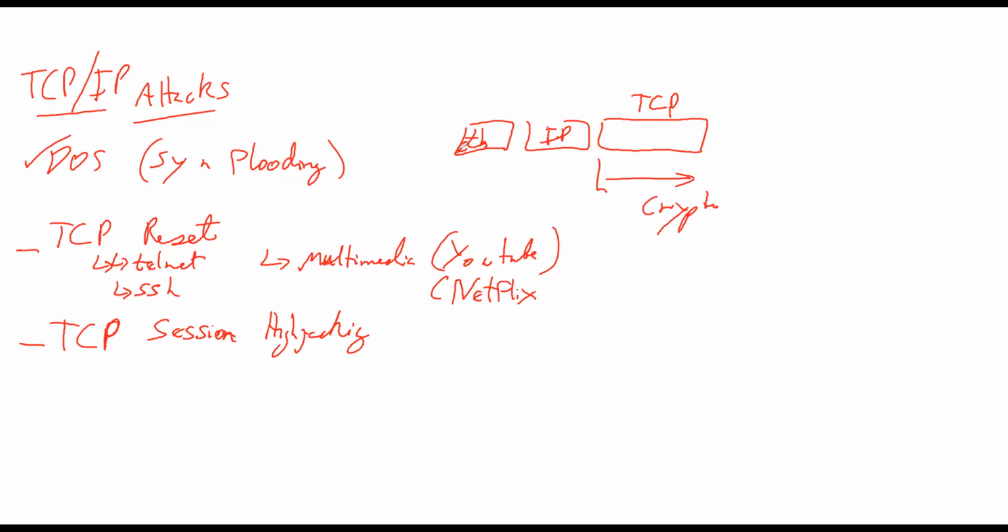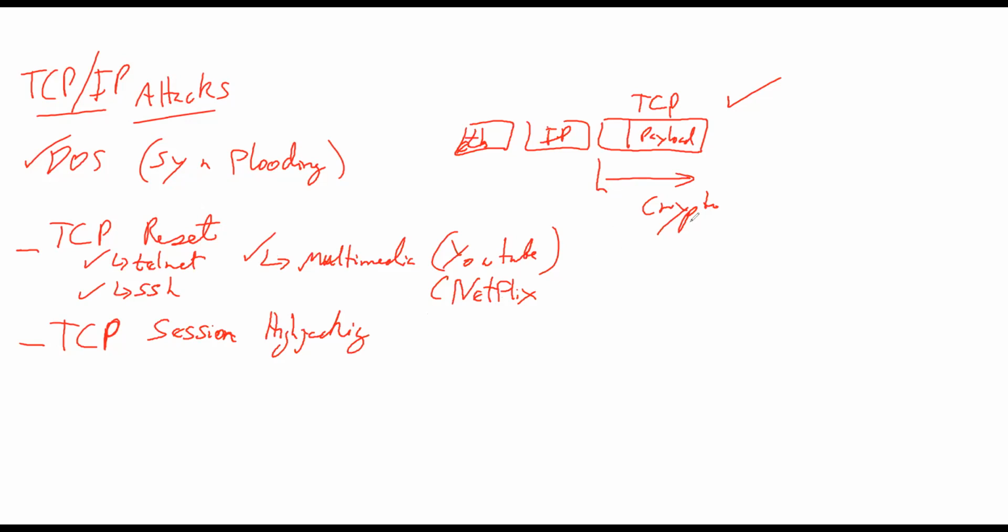So really it only happens in the payload, which basically means that it will work, because the payload is encrypted, but not the parameters that you need to reset the connection, the flags. So this should work. And as it turns out, the multimedia uses the same approach. YouTube, Netflix, they encrypt above the TCP layer. So these should also work.